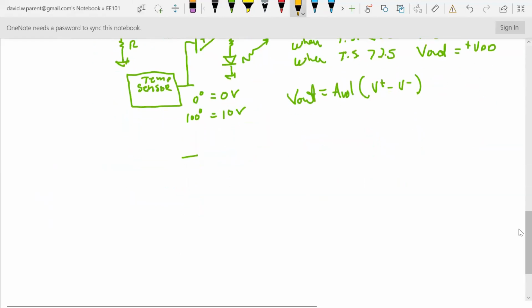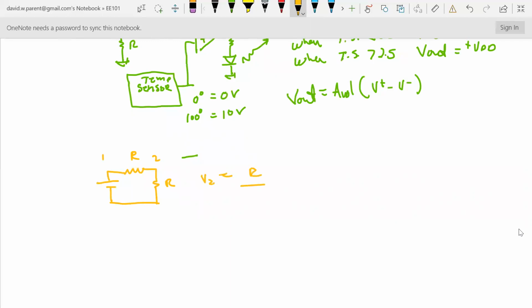So if I have a battery and I have a resistor, R over R, put that 2, put that 1, V2 equals R over R plus R times V1, and there's a current that flows. But what if we set this resistance to infinity, it's like it's not there, right?